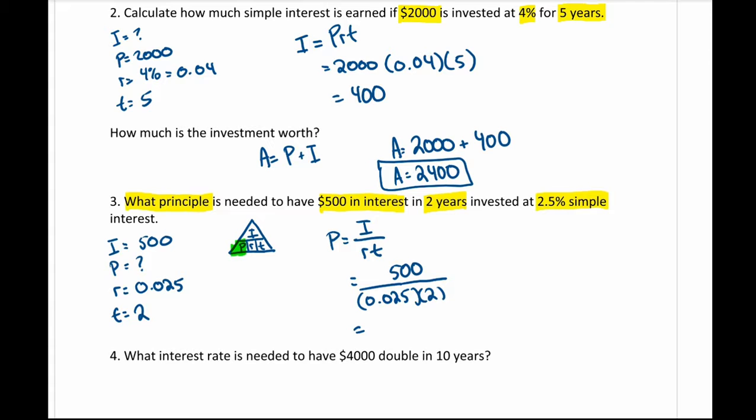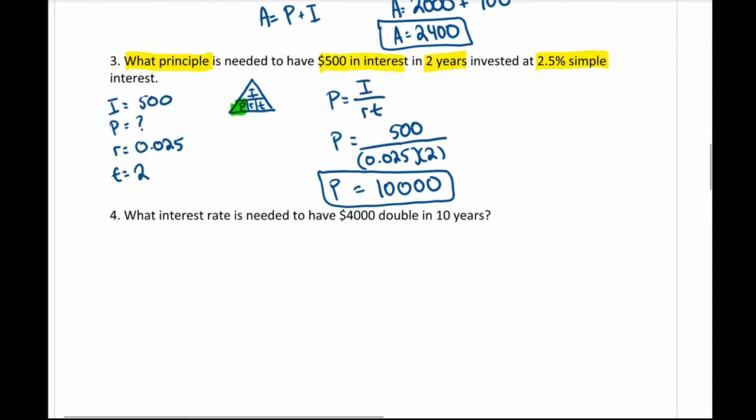So 500 divided by 0.025 times 2. So that means we should start with $10,000 so that we earn $500 in interest.